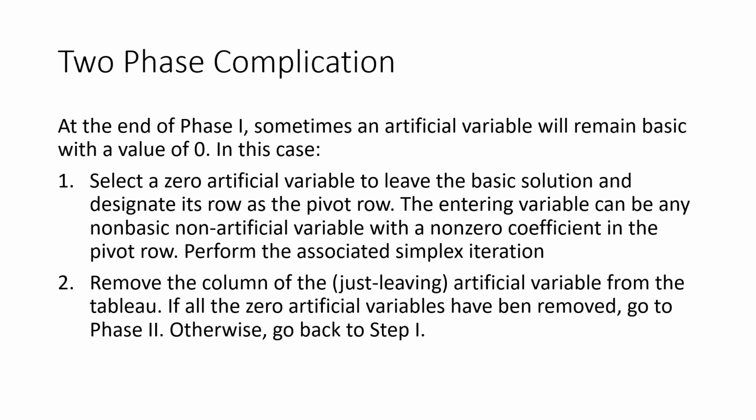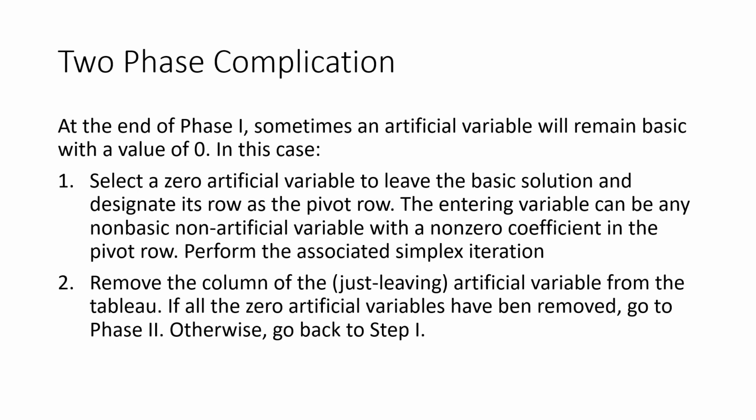Okay, now there is one complication you can get with the two-phase method. Sometimes at the end of phase 1, you find that your solution is 0, so the number in the top right corner is 0, so it looks good, but one of those artificial variables will still be a basic variable.